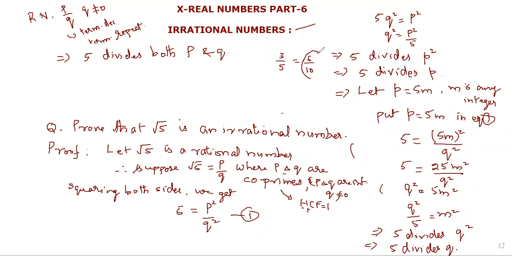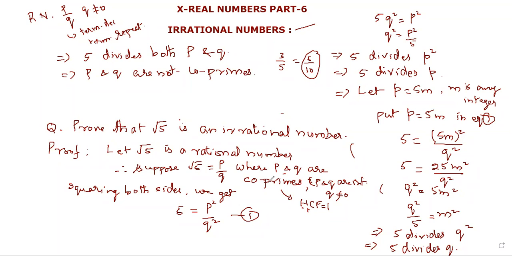So 6 and 10 are not co-primes, and 3 and 5 are co-primes. So when 5 divides both the numbers, this shows that p and q are not co-primes.